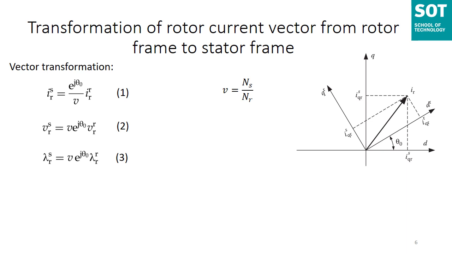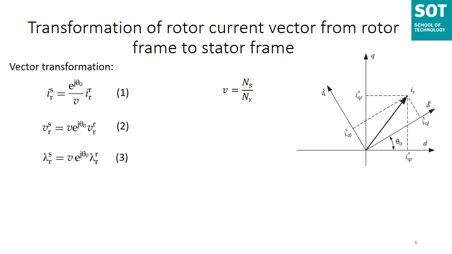Now again, coming back to equation number 1, which you are seeing on your screen, if I take I_R^R and divide it by the turns ratio small v, I will get the magnitude of the rotor current referred to the stator fixed frame.